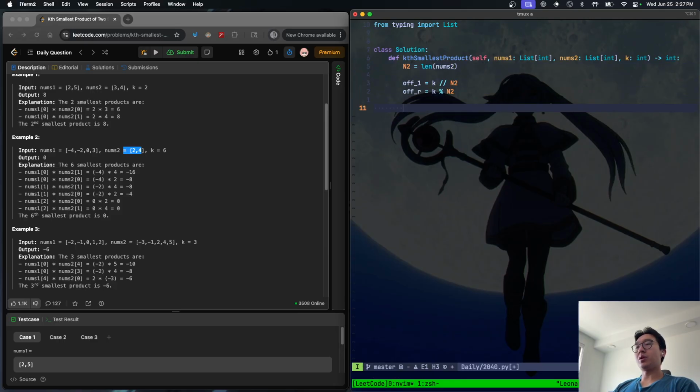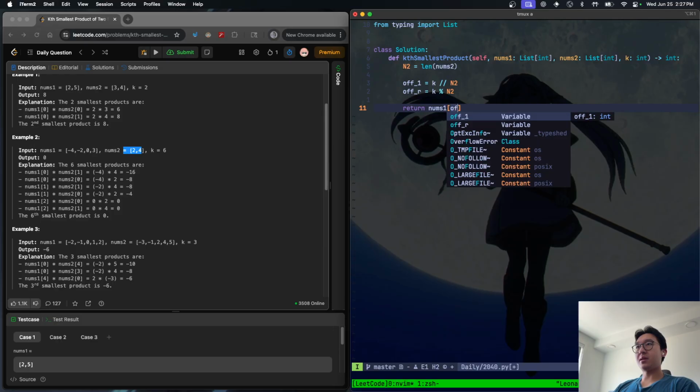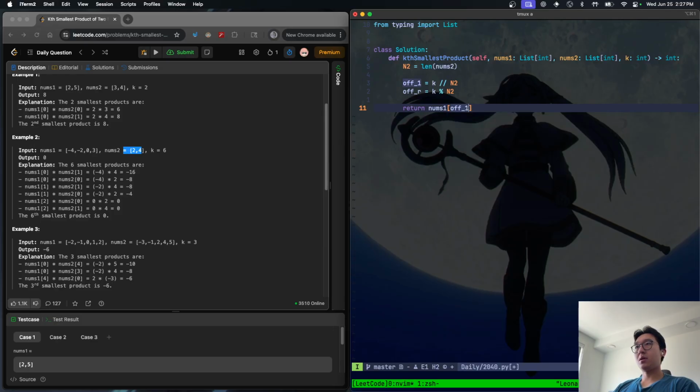Okay, so we're gonna return nums1 at index offset minus 1, times nums2 at index length of nums2, which is equal to n2, minus offset r minus 1, right?